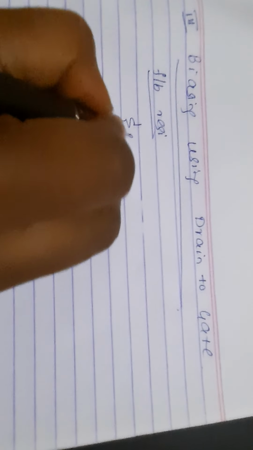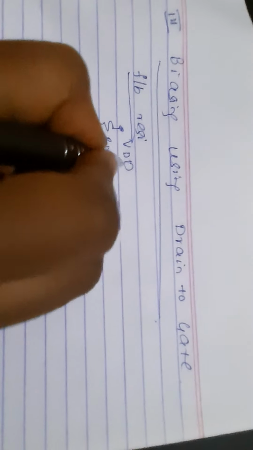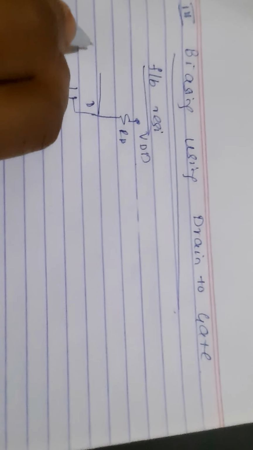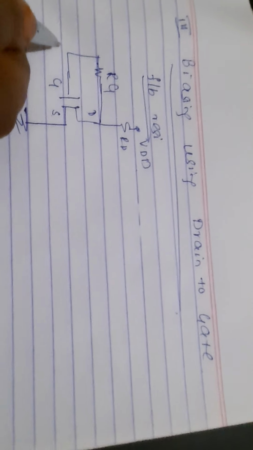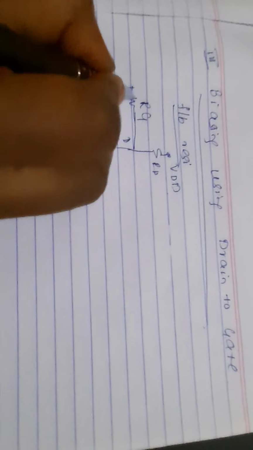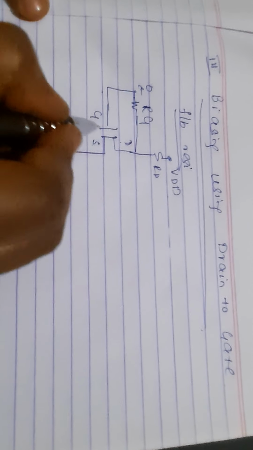Now we will be connecting RD, which is going to VDD, and from this point we will be connecting the feedback resistance, named RG, to the gate. Here the current is 0.